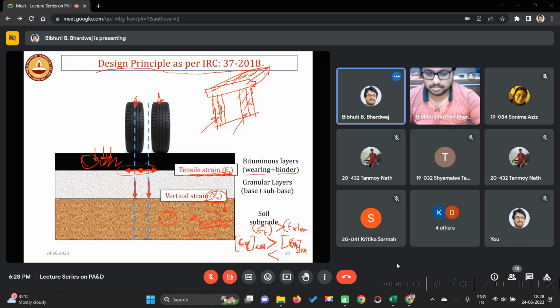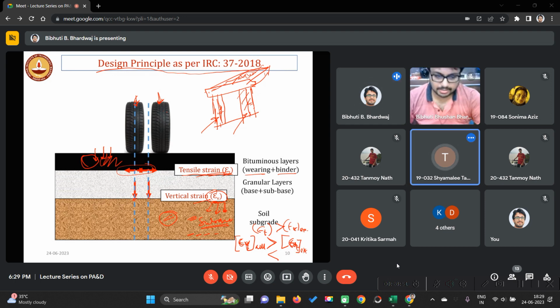Then what will you do? Sir, increase the grade of concrete and the amount of steel. Yes. So you will increase the material properties. You will use enhanced materials, right? So same case here also.